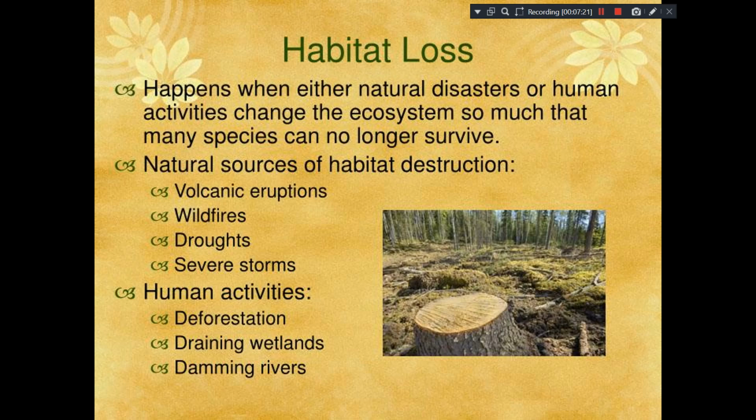Habitat loss happens sometimes when natural disasters or human activities change the ecosystem. Sometimes it may be because of a natural source, such as a volcanic eruption, very rarely in some places. When volcanoes erupt, that causes a severe threat to the biodiversity of that area.